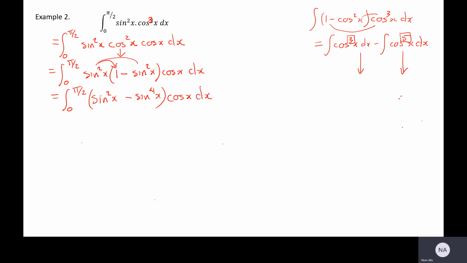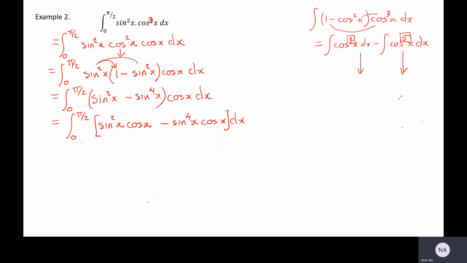And once again, it's noticing u substitution, that the one is the derivative of the other. To make it easier, this becomes 0 to pi over 2, and let's remove these brackets. I'm going to get sine squared of x cos of x minus sine to the power 4 of x cos of x dx.